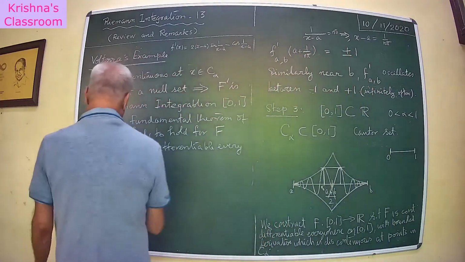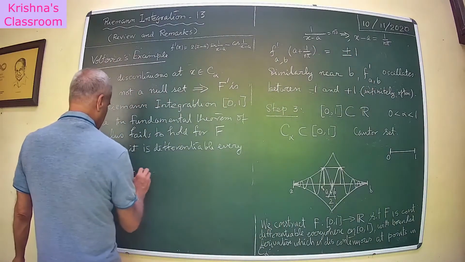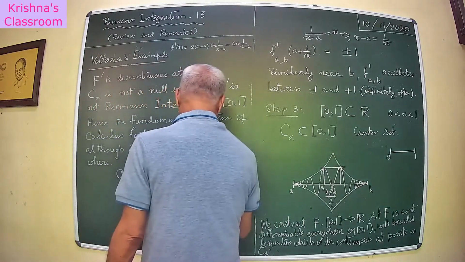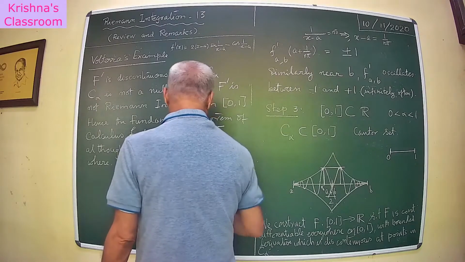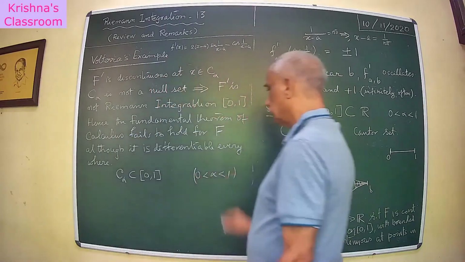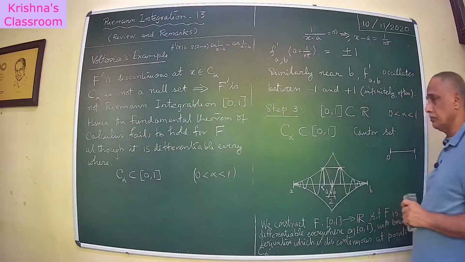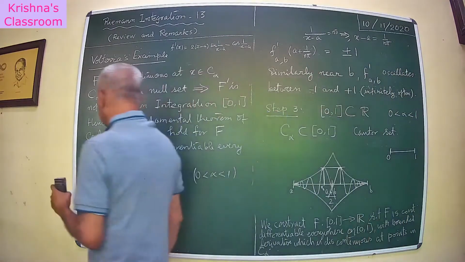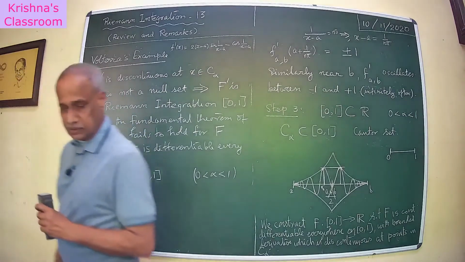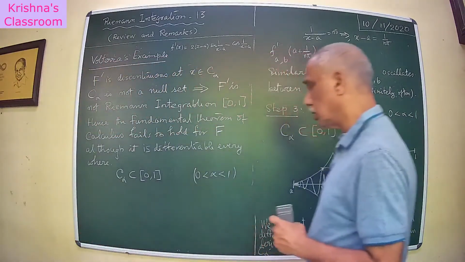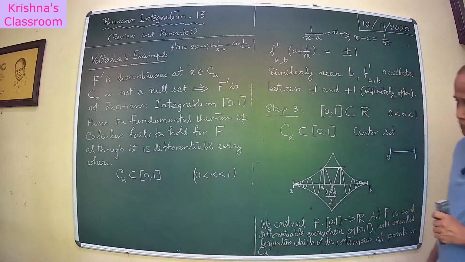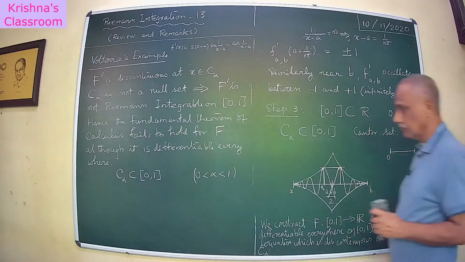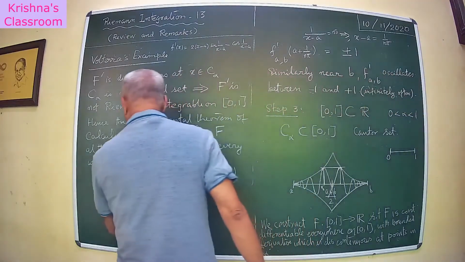So we have C alpha, the Cantor set with 0 less than alpha less than 1. This is the Cantor set. Now how to define this function capital F? This is the problem.